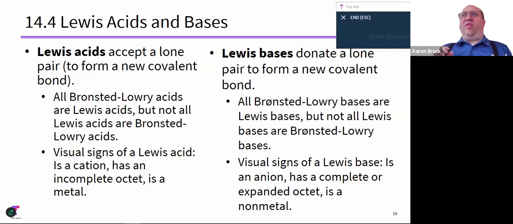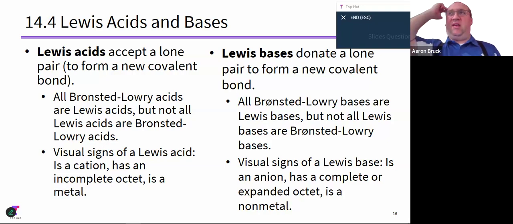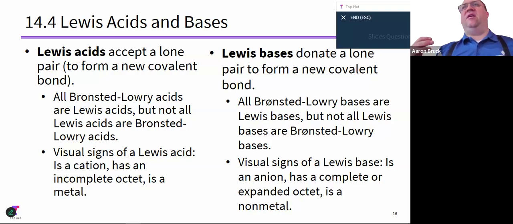And so they're throwing out their electrons and grabbing up a new molecule, a new atom, to make a new covalent bond. Under Lewis theory, everything that was a Bronsted base before is a Lewis base. But this does allow for the expansion of base theory to apply to more than just hydrogens and hydroxides and the movement of protons.